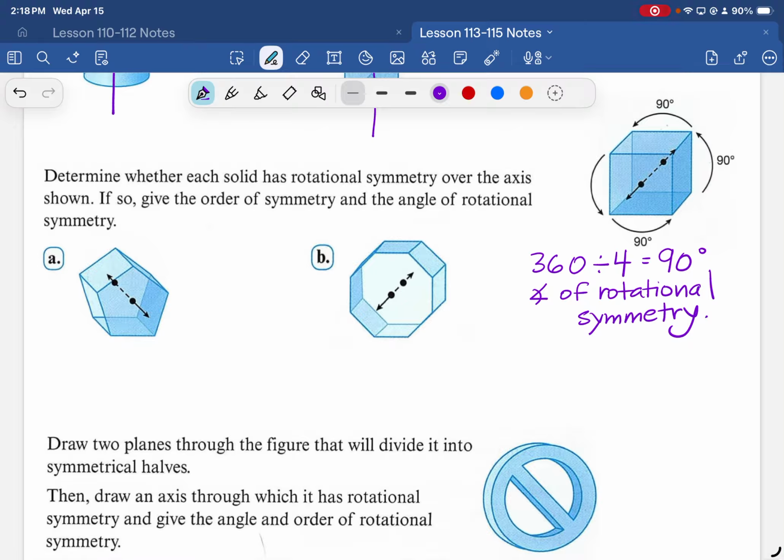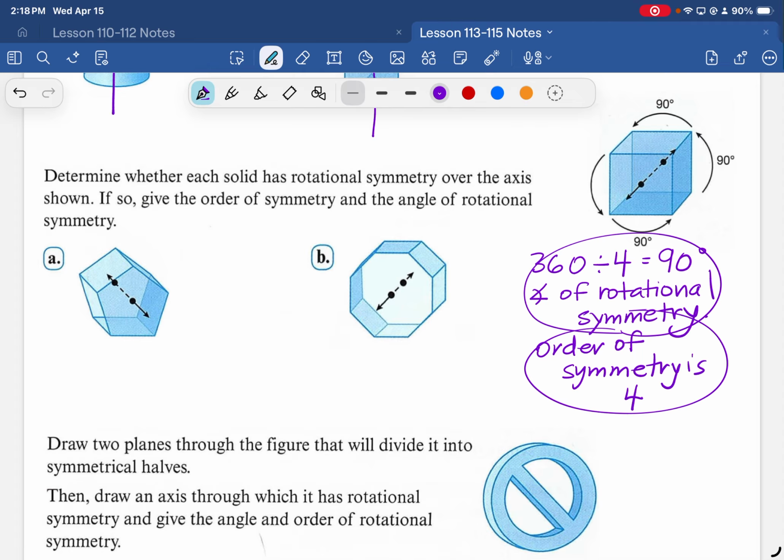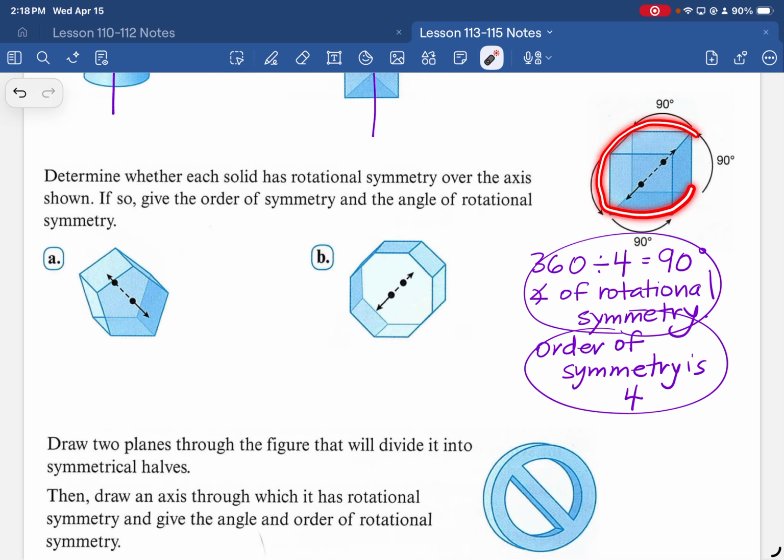Now the order, write this down, the order of symmetry is 4. So we've got the rotate angle and we've got the order. And the reason it's 4 is because I can spin this 4 times to land back where I was.